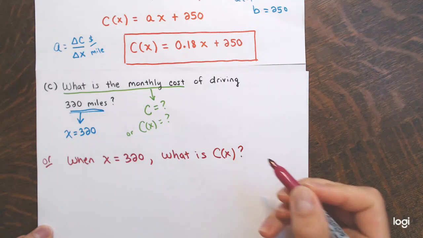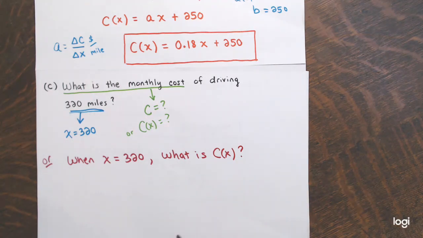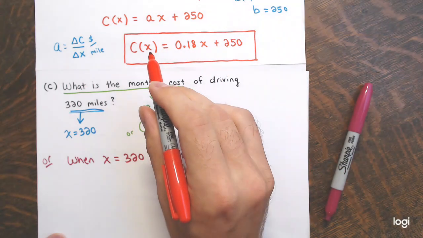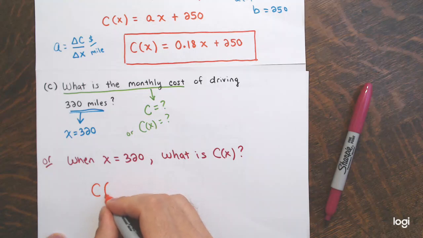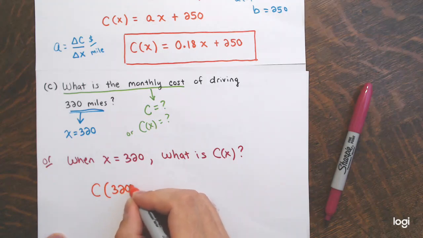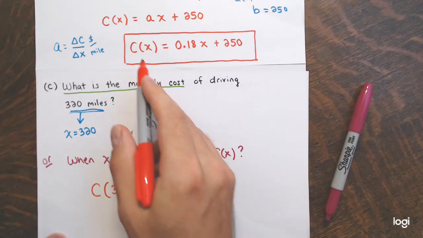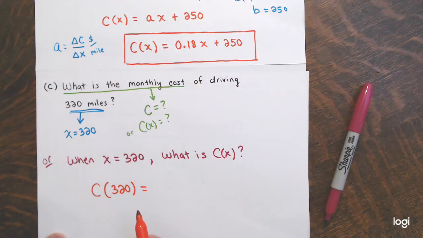Or what is the value of C? So what we're really trying to find here is, when I go through this rule and plug in 320 for my input, the cost of driving 320 miles in this month. What is C of 320? I just replace x with 320 throughout the rule, throughout my model.